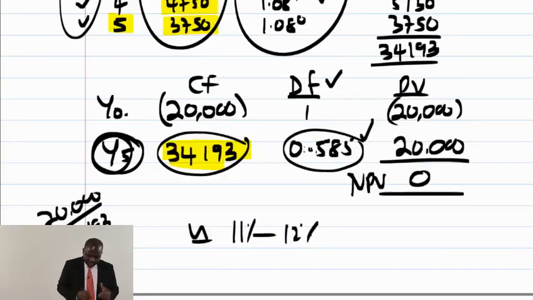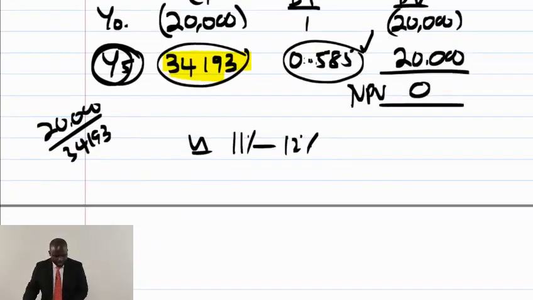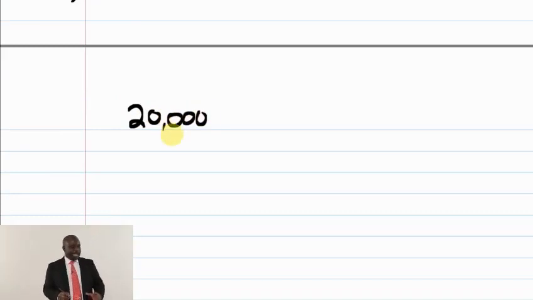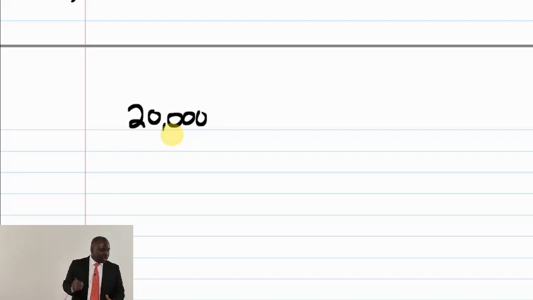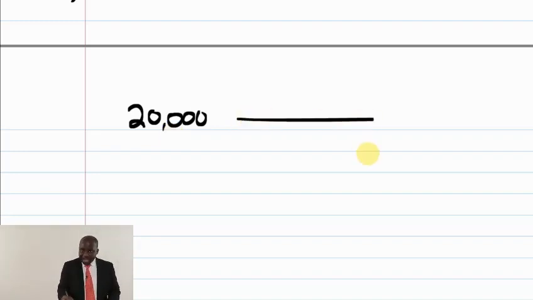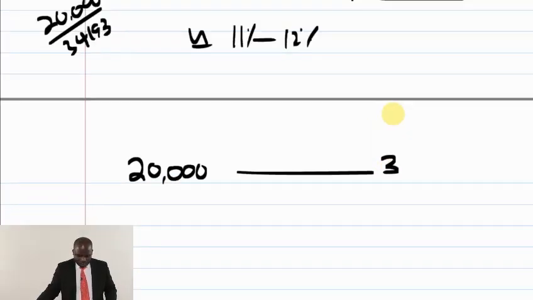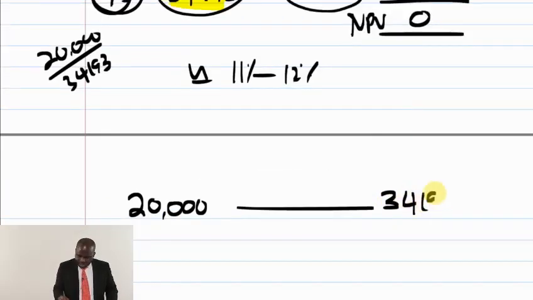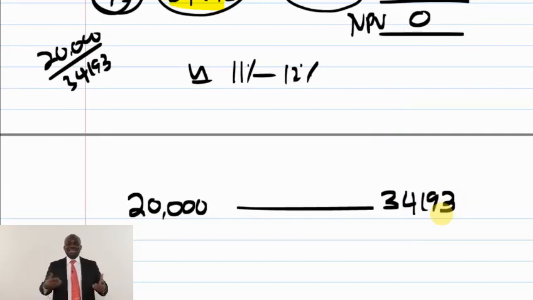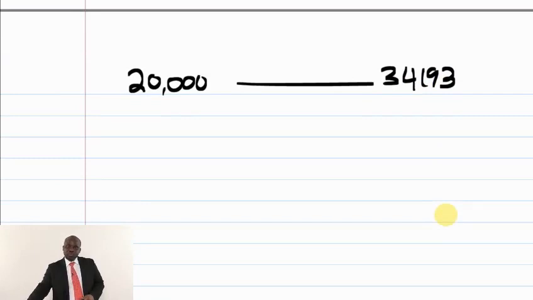The simple common sense here is this. You invested 20,000 now, and after 5 years, you got 34,193. Why that increase? That increase is the return that you made. So what was the average return?